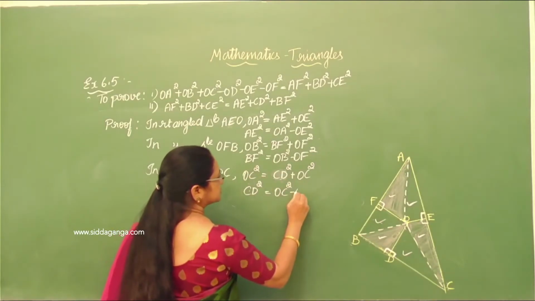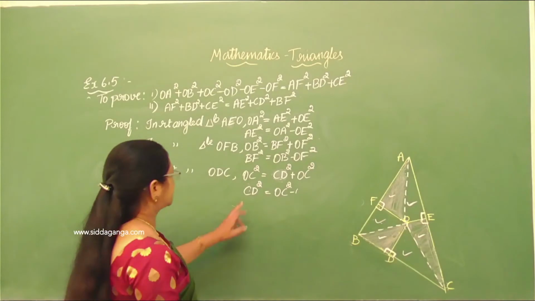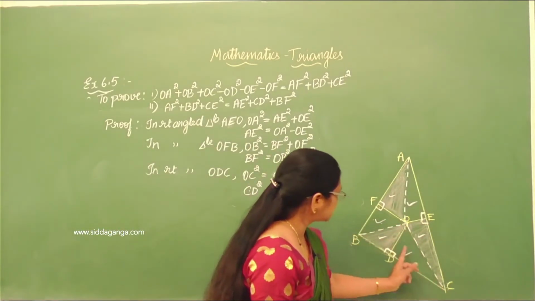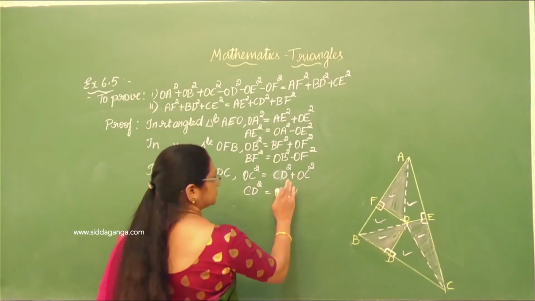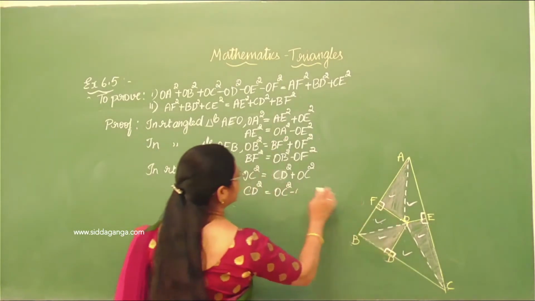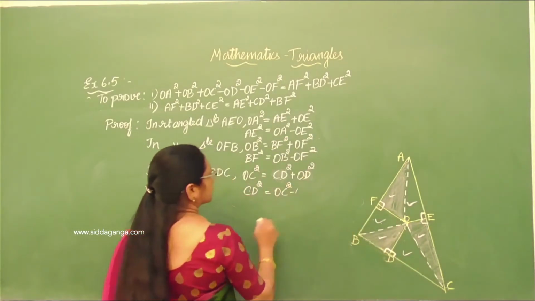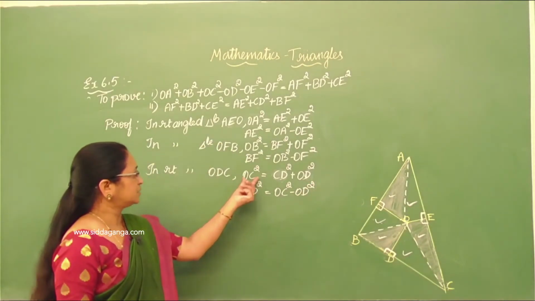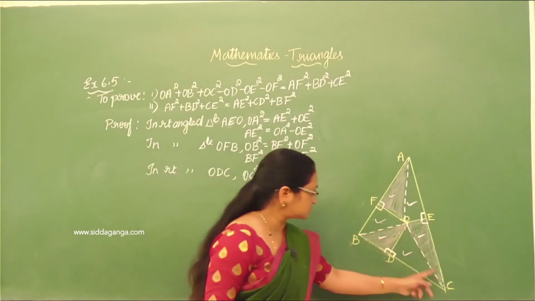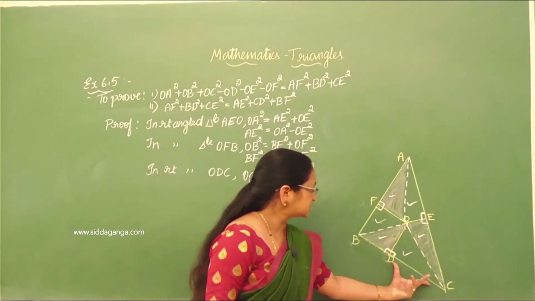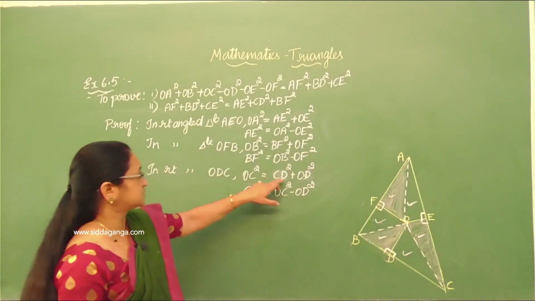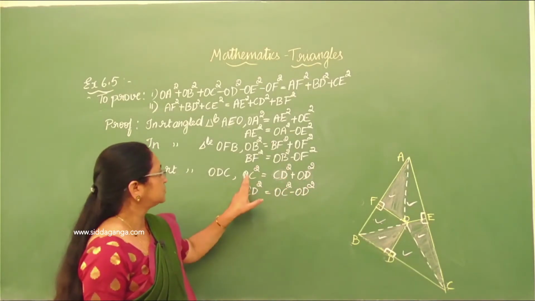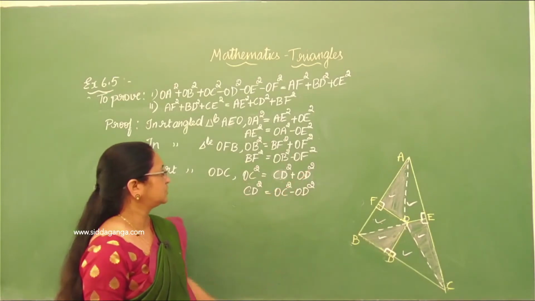Sorry, OC square is equal to CD square plus OD square. Understood? So here OC square is equal to DC square plus OD square, correct? And CD square is equal to OC square minus OD square.